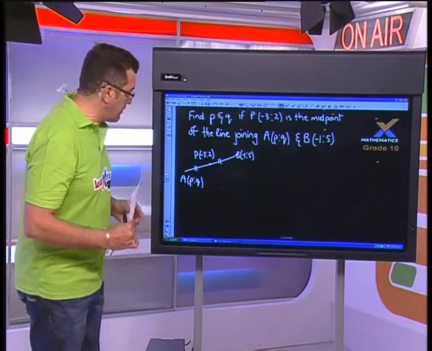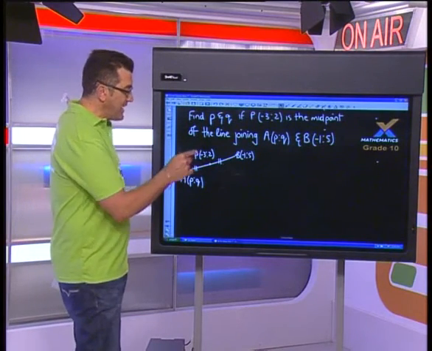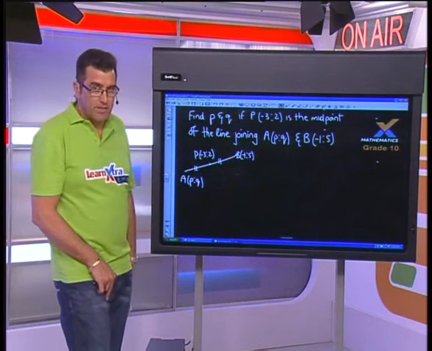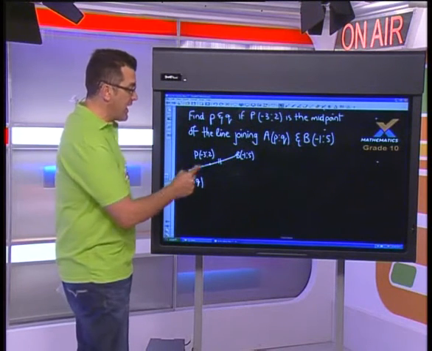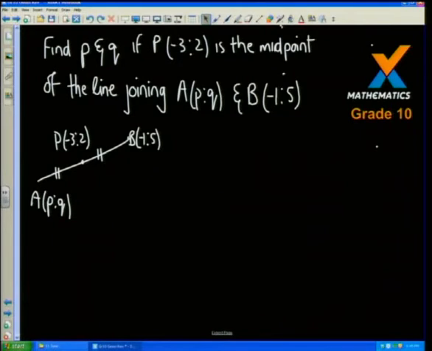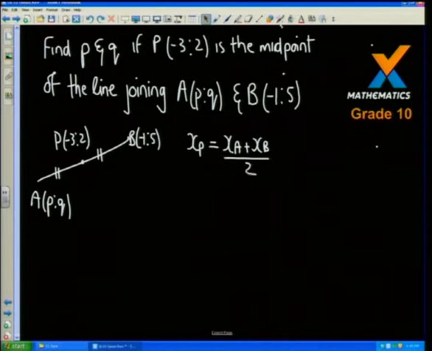Okay, what did they tell me? They told me P is the midpoint of the line segment. So the relationship is, if I add the two extreme points and I halve the answer, I get the coordinates for P. Okay, remember your midpoint formula. Now they're asking me for small p and small q, so I can start off by saying the x-coordinate of point P is indeed the x-coordinate of A plus the x-coordinate of B, which is halved.